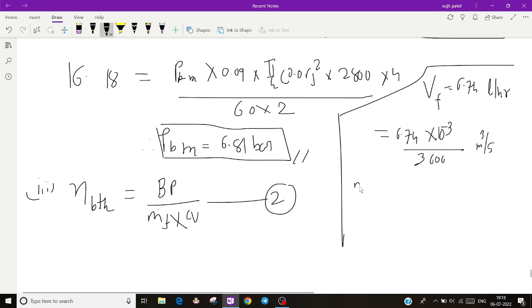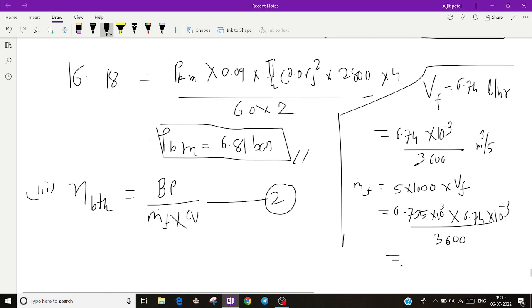To find the mass flow rate, we multiply the specific gravity, 1000, and the volume flow rate. Specific gravity is 0.735, multiplied by 10 to the power 3, multiplied by 6.74 times 10 to the power minus 3 divided by 3600. When you solve this, you will get 1.37 times 10 to the power minus 3 kg per second mass flow rate.